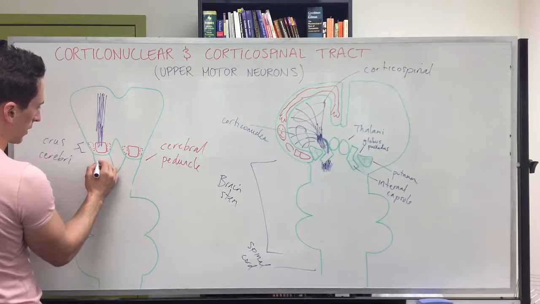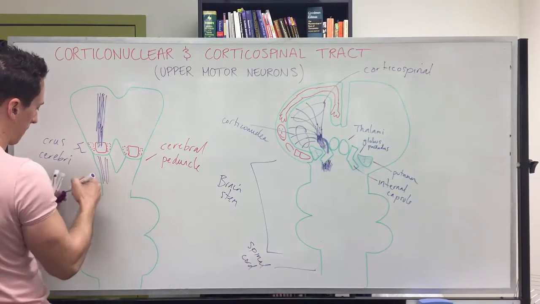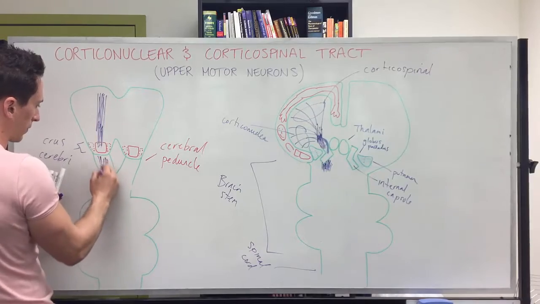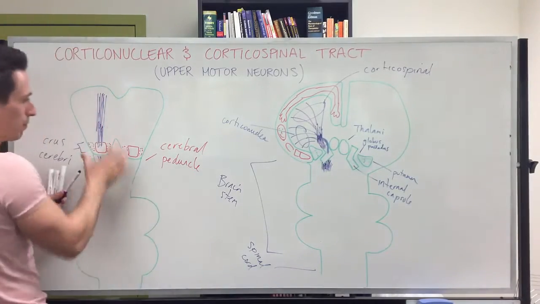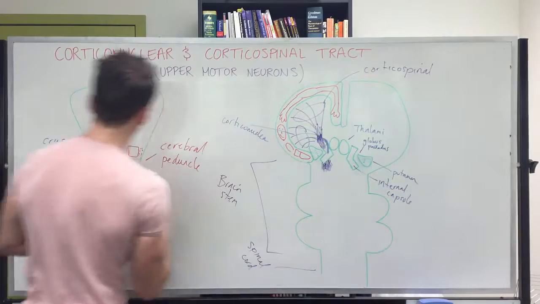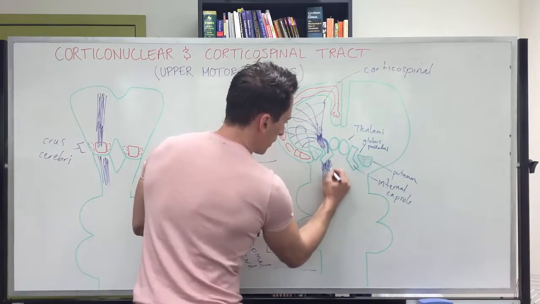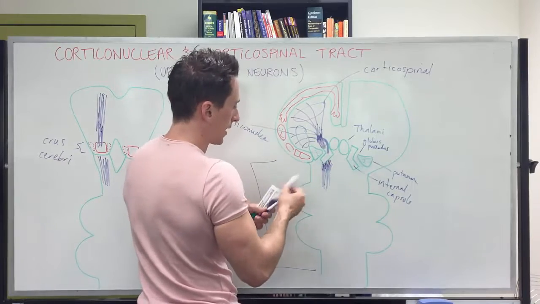And then what you'll find is they start to move down the midbrain, sorry, I keep saying medulla, midbrain. Midbrain, pons, medulla. So it goes down, and as it moves down the midbrain, it gets to the pons.